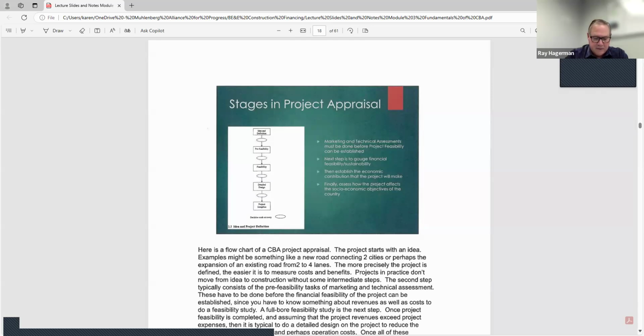Then we kind of go through a pre-feasibility stage onto a feasibility stage, and then we do some detailed design of what the project's actually going to look like. And then we do project implementation. At the very end, though, what we ought to also do is a little bit of post examination of the project if it actually happens, and see if what we thought was supposed to happen and what we desired to happen, did it actually happen?